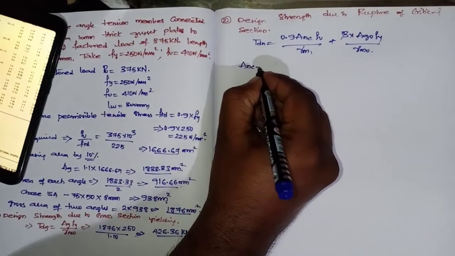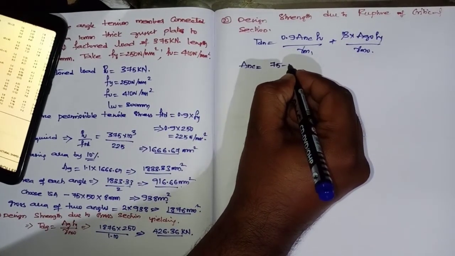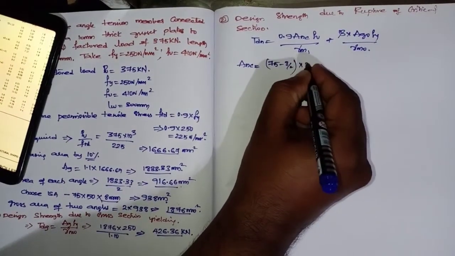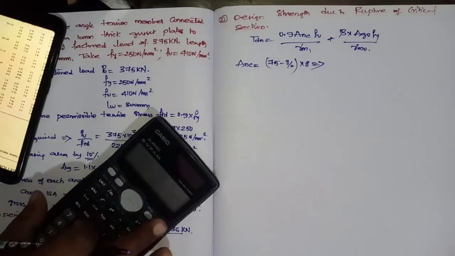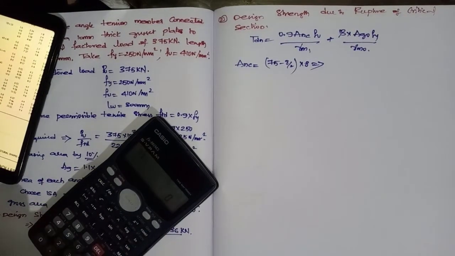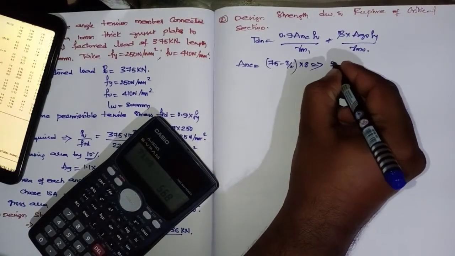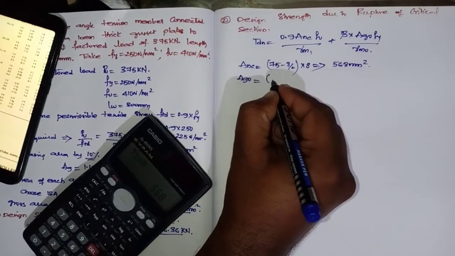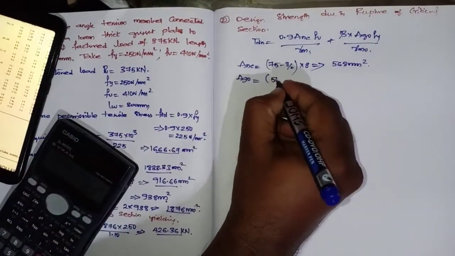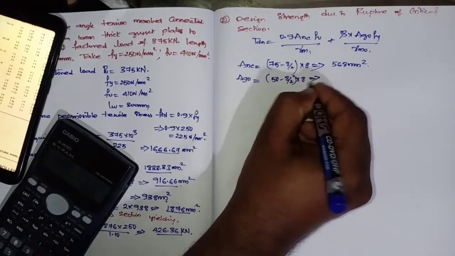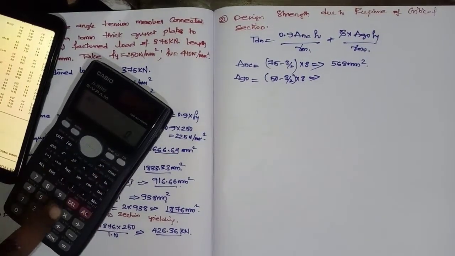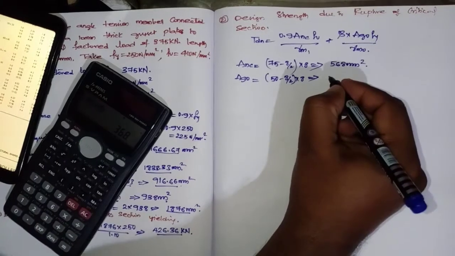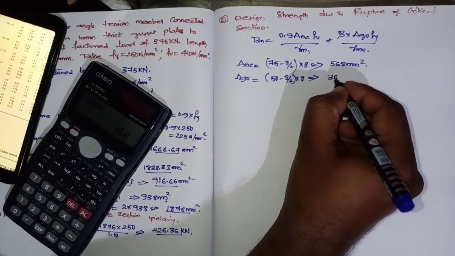Now ANC, connected leg length, that is 75 minus 8 by 2 into 8, so 71 into 8, 568 mm square. Area of outstanding leg, so it is 50 minus 8 by 2 into 8, so 46 into 8, 368.